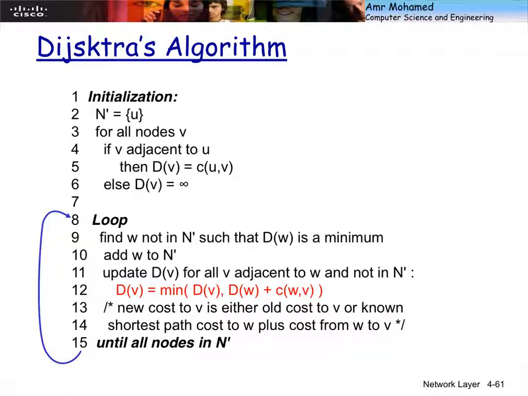So for every iteration, we try to find one extra node such that the D(V) for this node is the minimum. And then once we find this node, we add it to N'. And we keep doing that until we reach all the nodes. Once we include all the nodes of the network into N', we stop. That's simply how it goes.